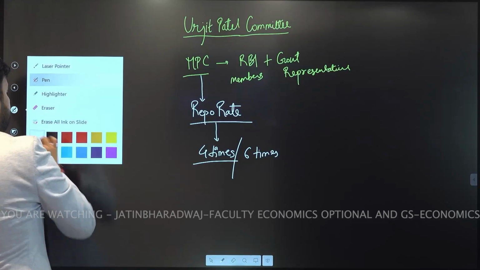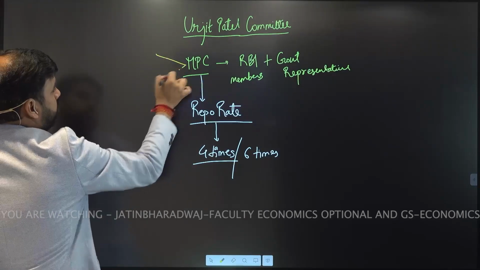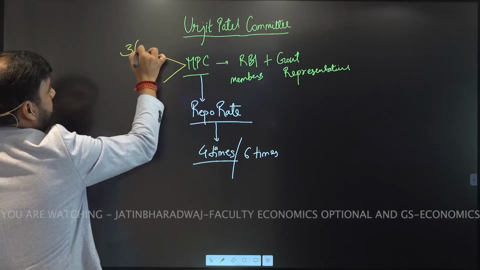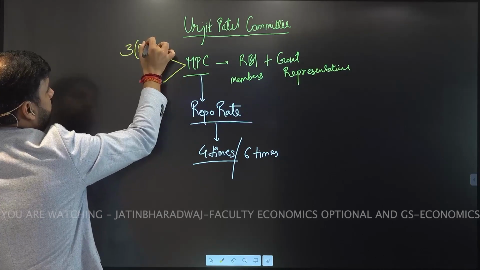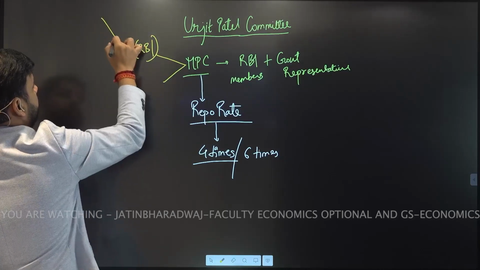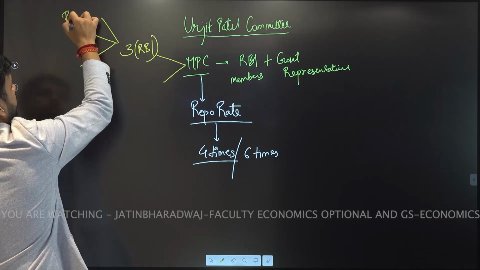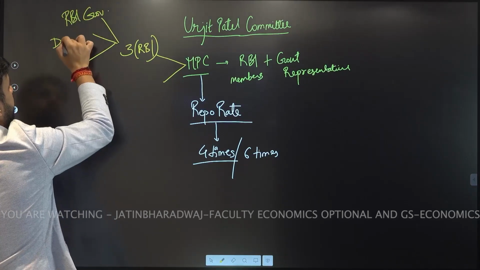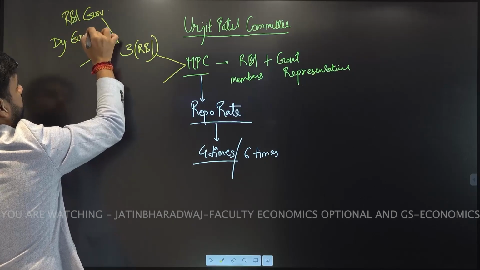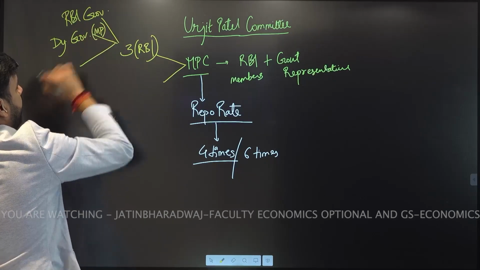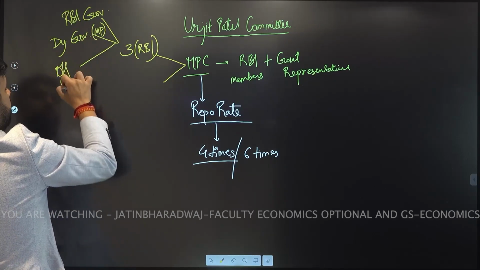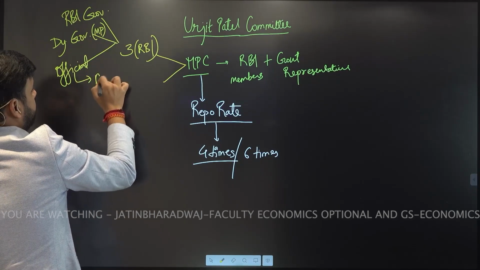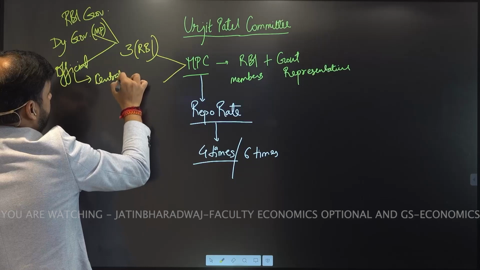When it comes to the composition of the Monetary Policy Committee, it includes 3 members from RBI, which are the RBI governor, the deputy governor of RBI who is in charge of monetary policy, and an official from RBI. Now this official is represented by the Central Board of RBI.